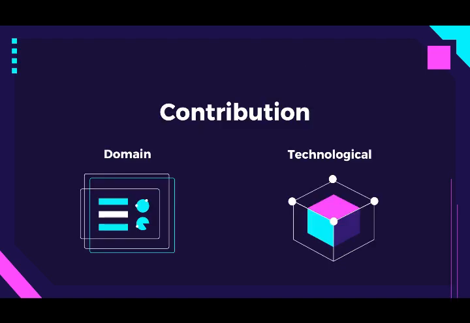This research contributes significantly to both technological and domain aspects by addressing existing gaps in the field. Technologically, it introduces an innovative method for analyzing tables and charts in printed documents, utilizing feature extraction and OCR methods with the text classification model.